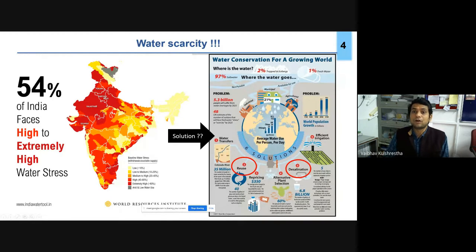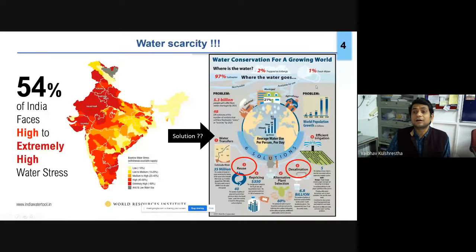You all know that only 1% of fresh water is available in the world, 90% is salted water, and we get 2% of water from the icebergs. So most of the water is not potable water.